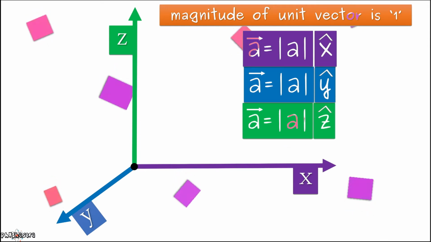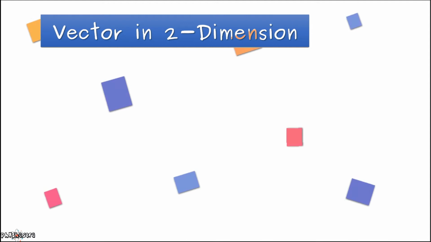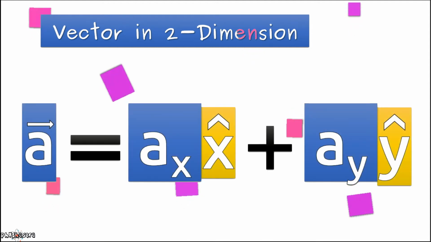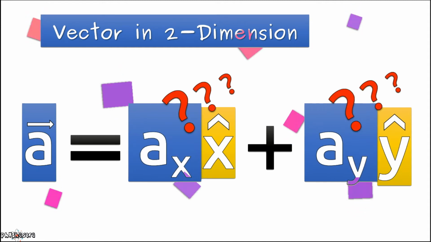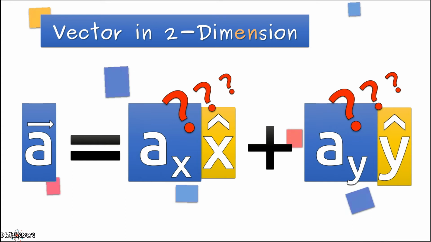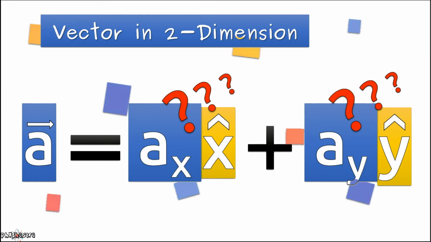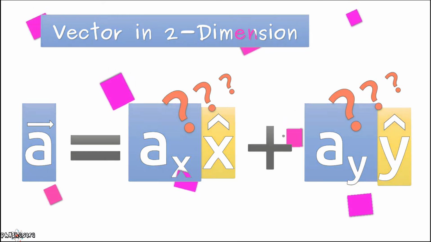Now let us understand components of vectors. In the last lecture, you have seen how the vectors are represented in the 2-dimensional plane. But we did not discuss what those components were. I only told that those components are the magnitude in the respective direction x, y or z axis. Before going further, you must know some trigonometric formulas.